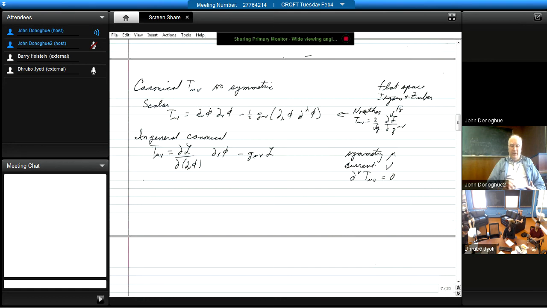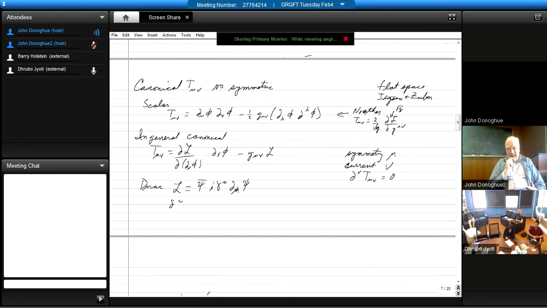Okay, so if you do a scalar, you get what's above there. But now if I do a Dirac field, the Lagrangian is psi bar i gamma mu d mu psi.